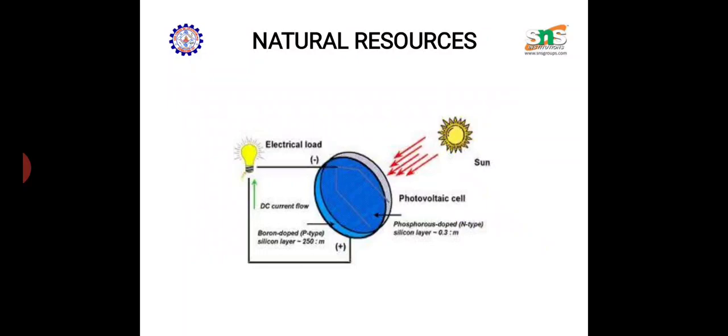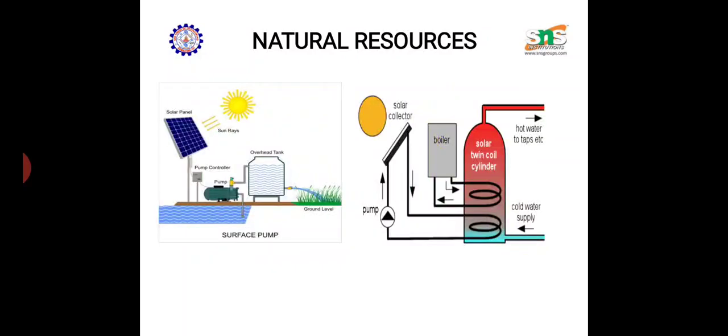In India, Gujarat installed a very large solar power plant. Have you heard about the Noor complex in the Sahara Desert? It's the world's largest solar installation. This is a picture of solar water heaters.